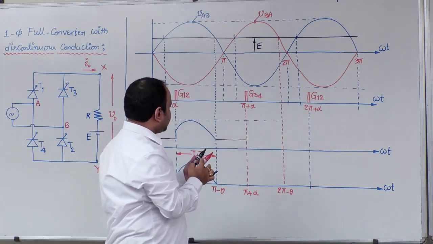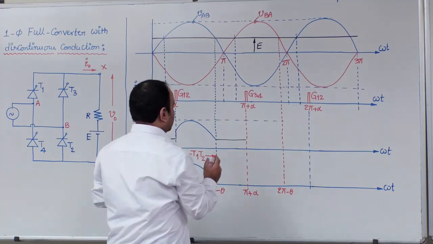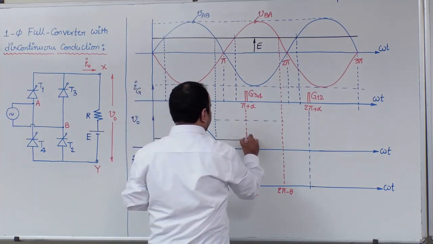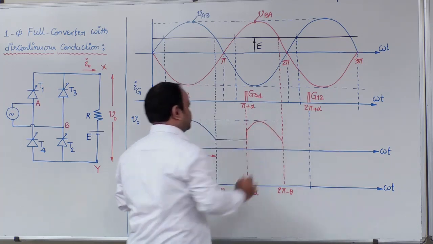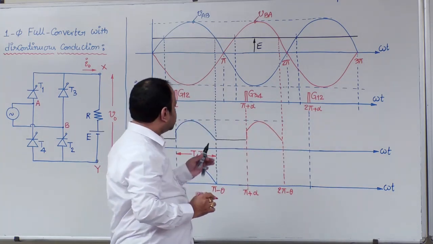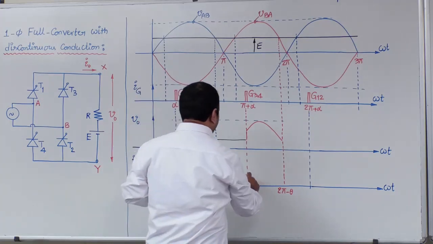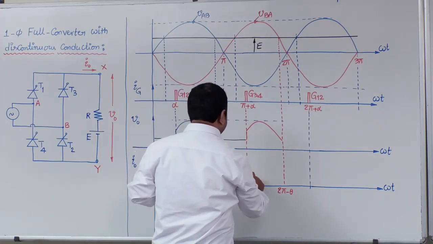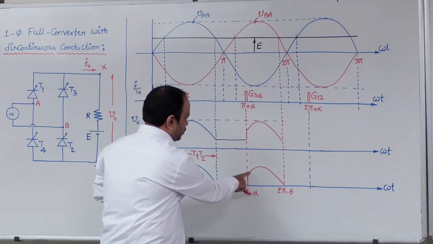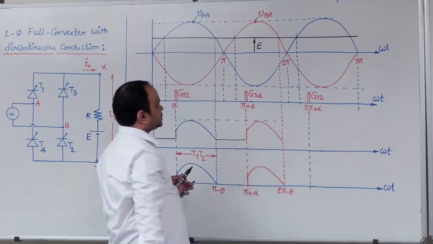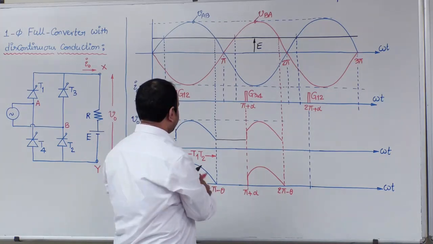When the T3 T4 pair is in conduction, the output voltage will be the same as VBA, and I naught will simply follow V naught. So I naught will reach 0 at 2 pi minus theta.